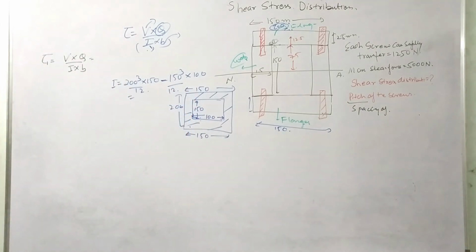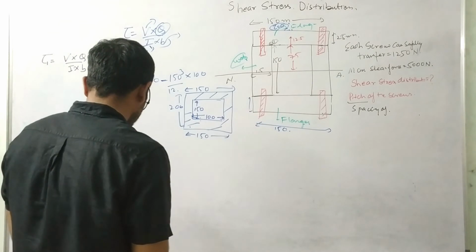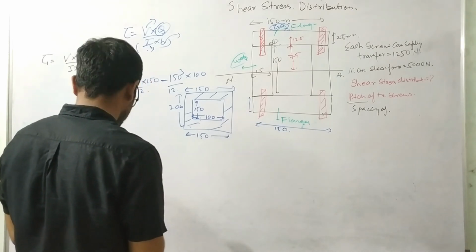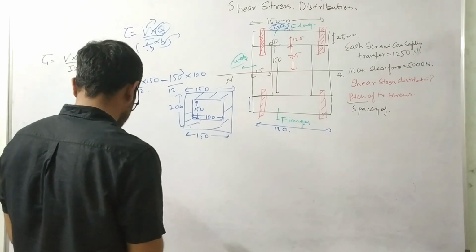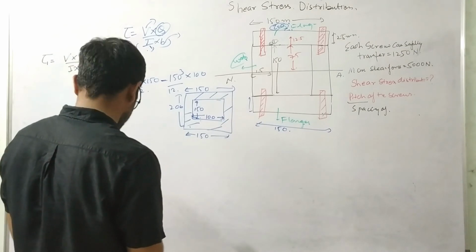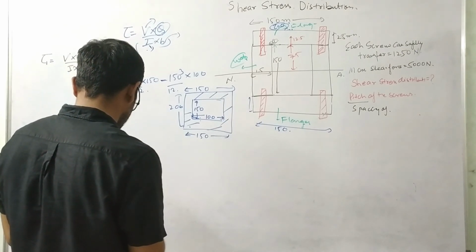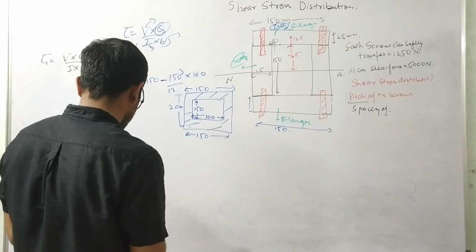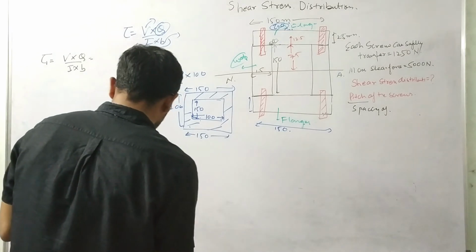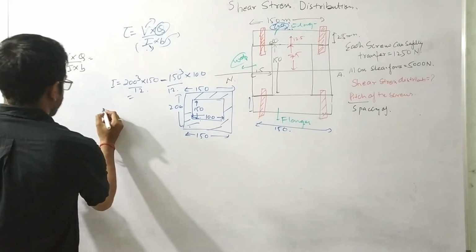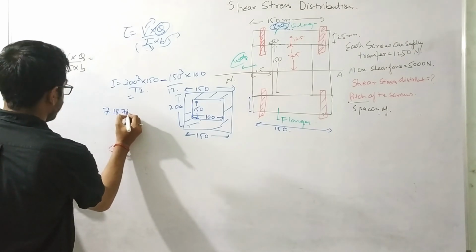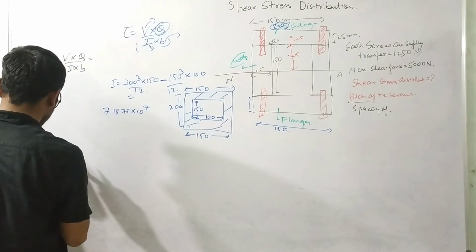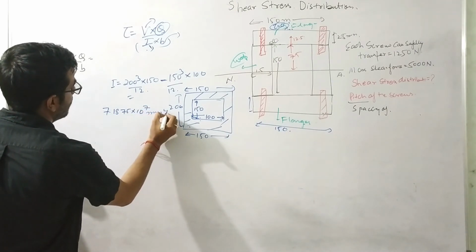Then I will solve this expression over here. 200 into... this is 1.875 into 10 to the power 7 mm^4. Okay, the unit is mm^4.